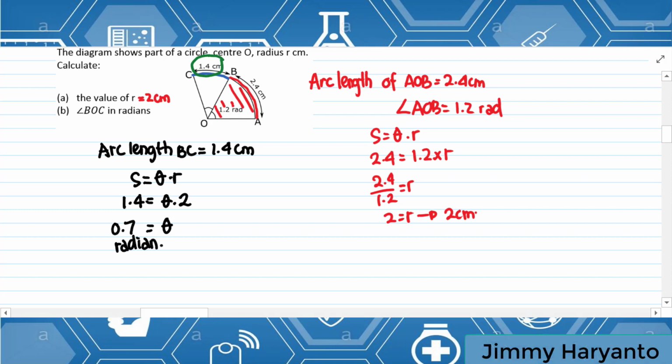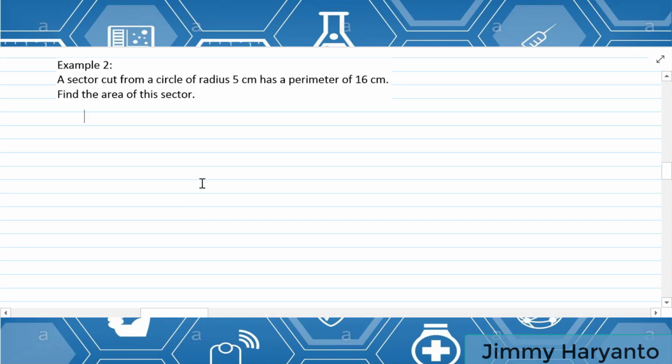Next, example 2. A sector cut from a circle. So we can draw a sector. In this chapter you need to draw if the drawing is not given, to make the question clearer. The radius is 5 cm, and the perimeter is 16. As we know, the perimeter is the sum of all the edges, so we can say this one is S, the arc length.